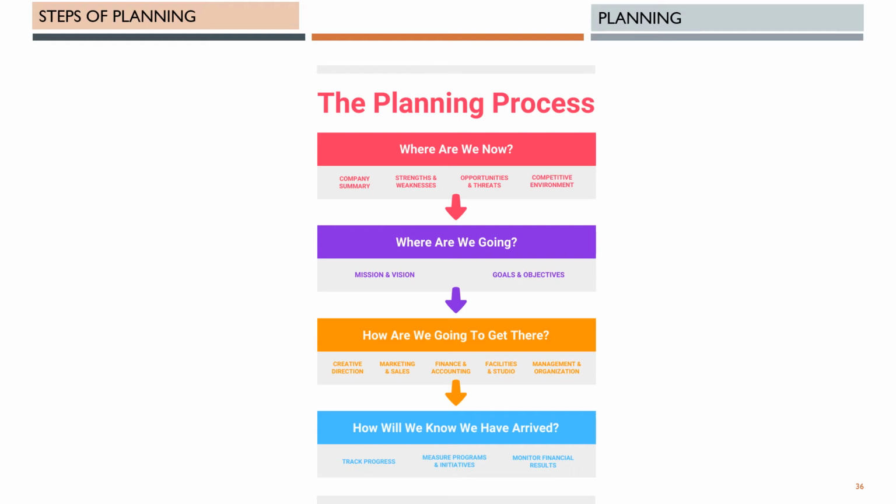Where are we going? So in general, we look at the mission and vision, the goals and objectives. And how are we going to get there? So we have to create direction. So we have to make use of the different marketing and sales, finance, facilities, and the management.